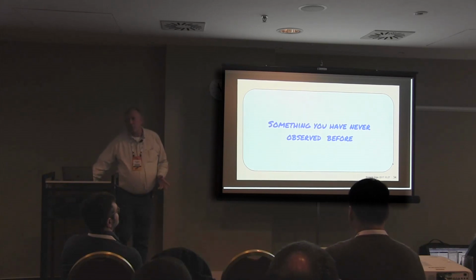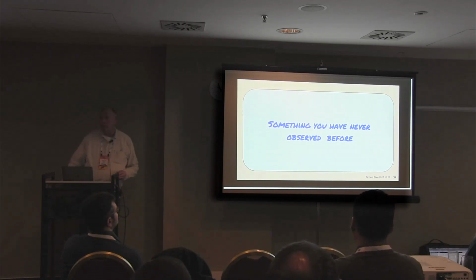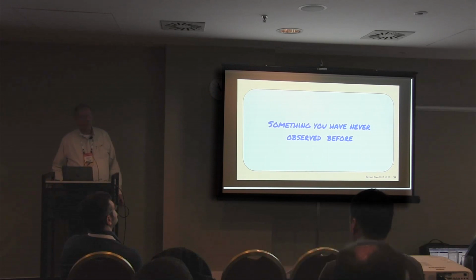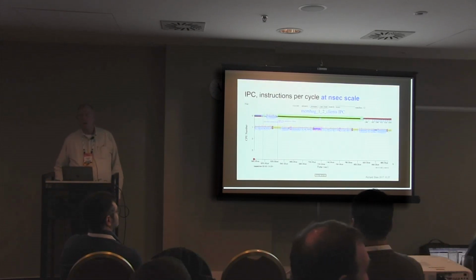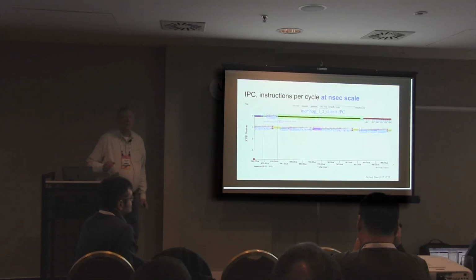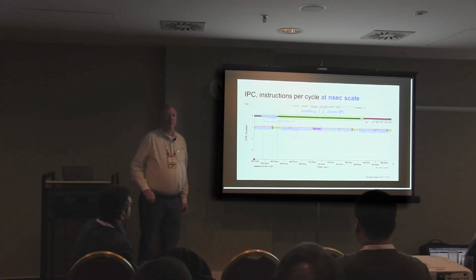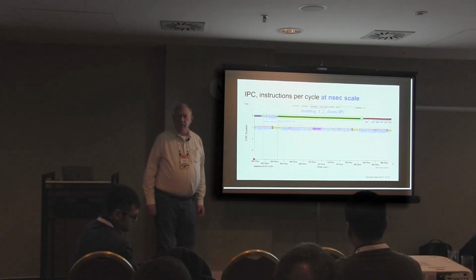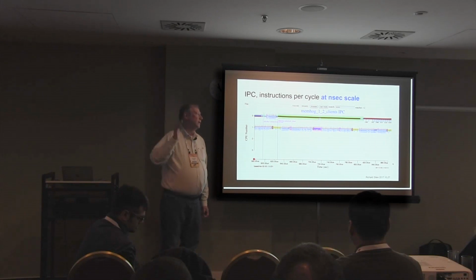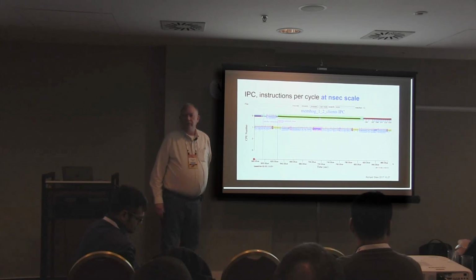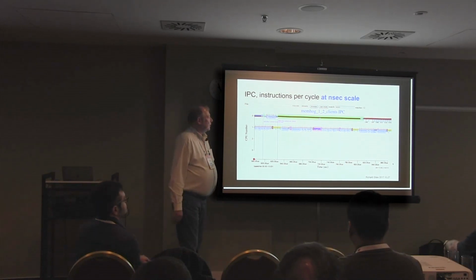So I'm going to show you one more set of things you have not seen before, and then I'll do the quick demo and get done. So this is showing instructions per cycle in executing real code with 0.25%, actually 0.5% overhead, because reading the number of instructions required takes 35 cycles and adds to my 40-cycle budget.